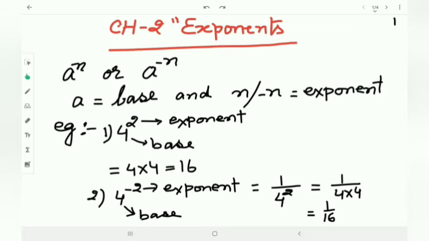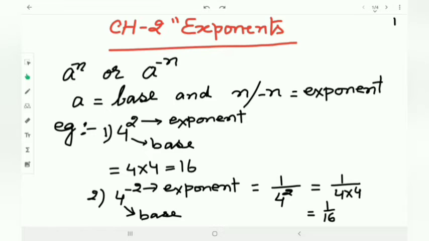So in a to the power n, a is called the base and n or minus n is the exponent, which means we can write a, n times.